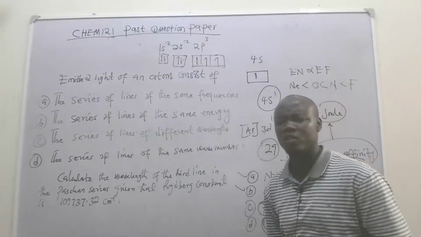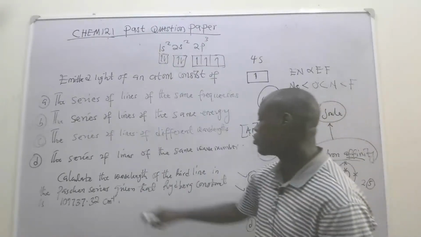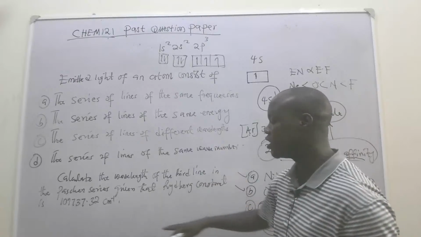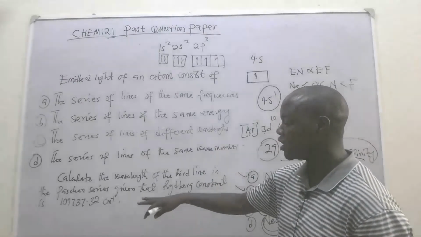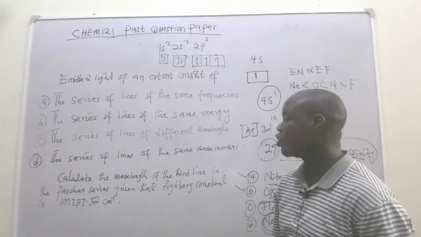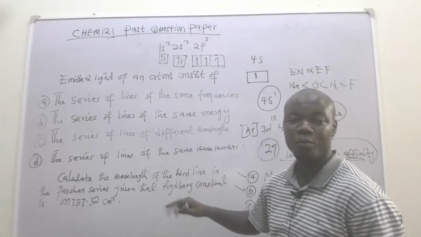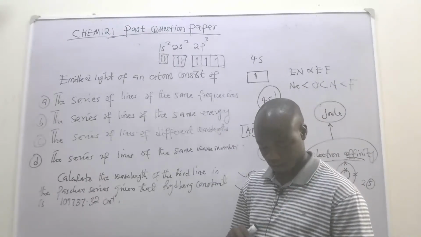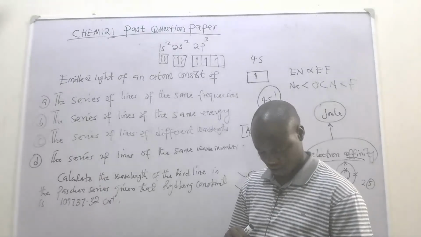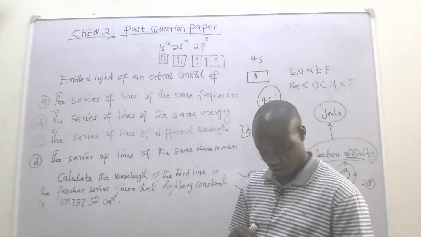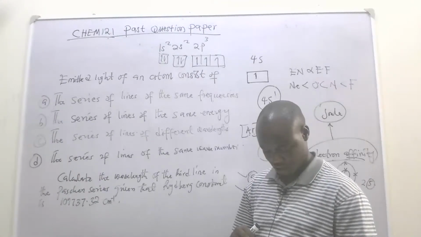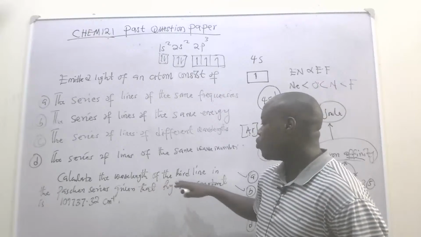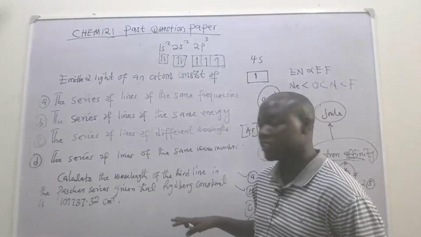So please, ladies and gentlemen, look at this question. The question says calculate the wavelength of the third line in the Paschen series given that the Rydberg constant is 109,737.32 per centimeter. So now, what is the n1 of the Paschen series?